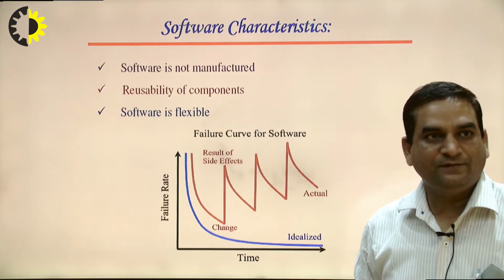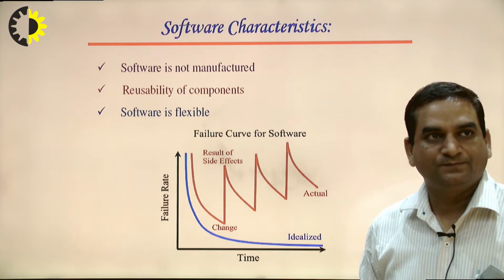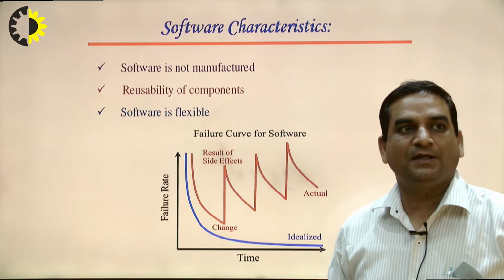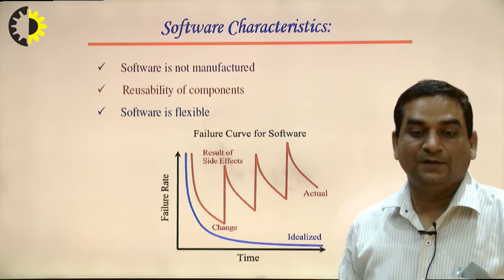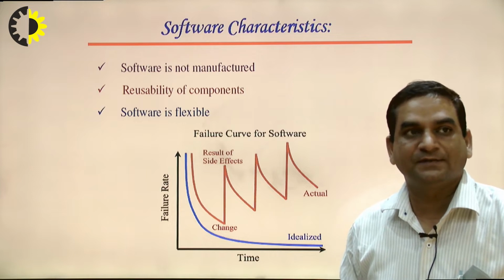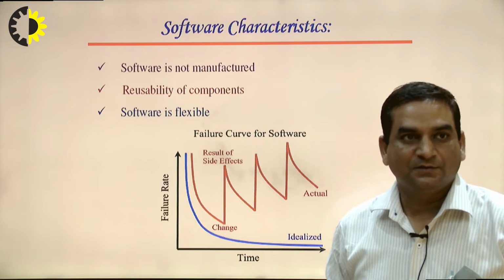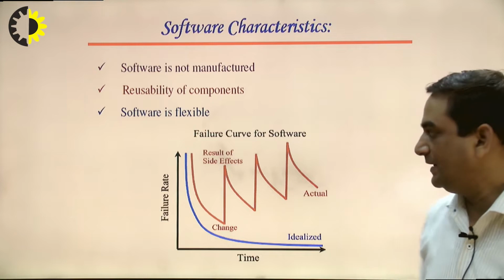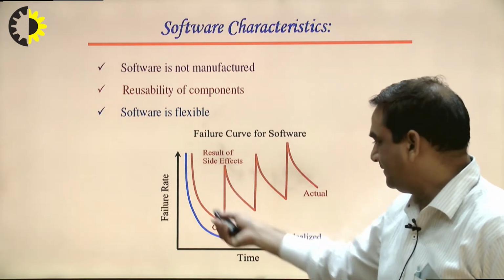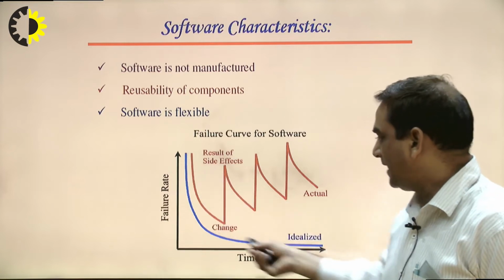Now this is the failure curve for software. Software is not manufactured. Software uses previous components, so we can say there is reusability of components. Software is flexible. This is the ideal case.